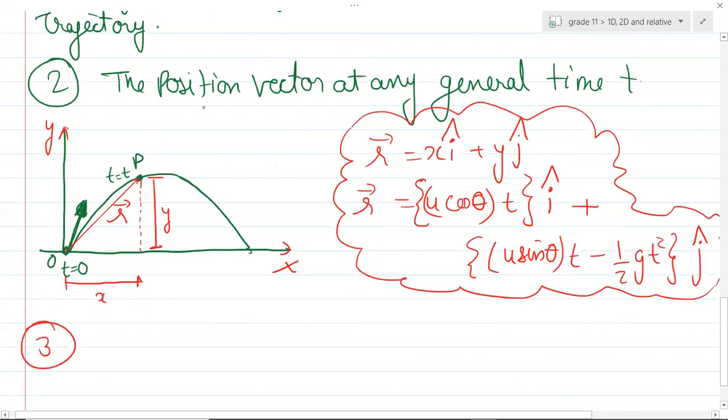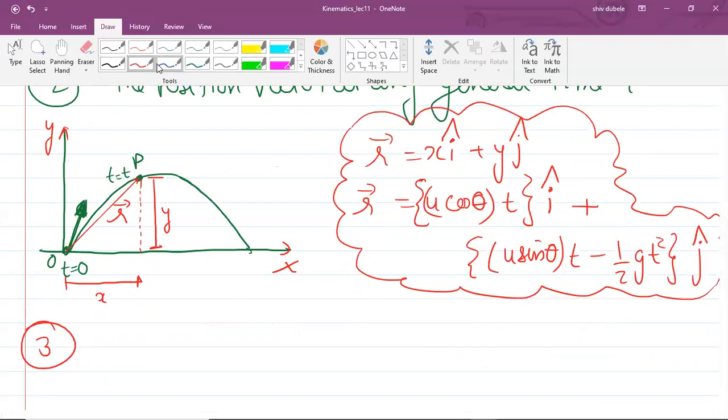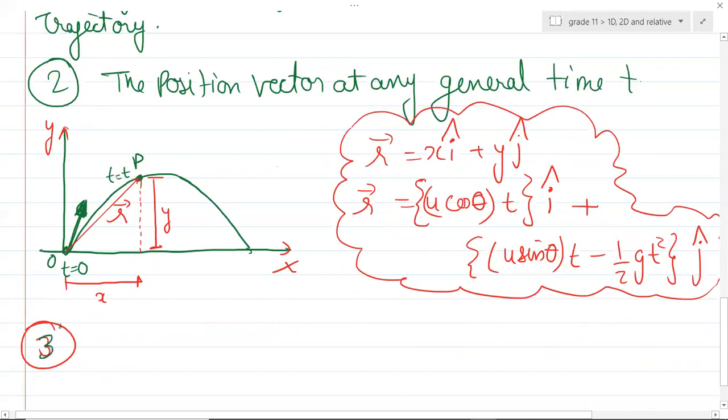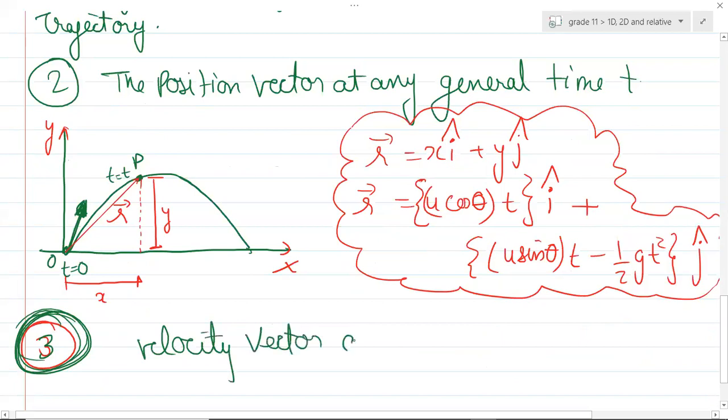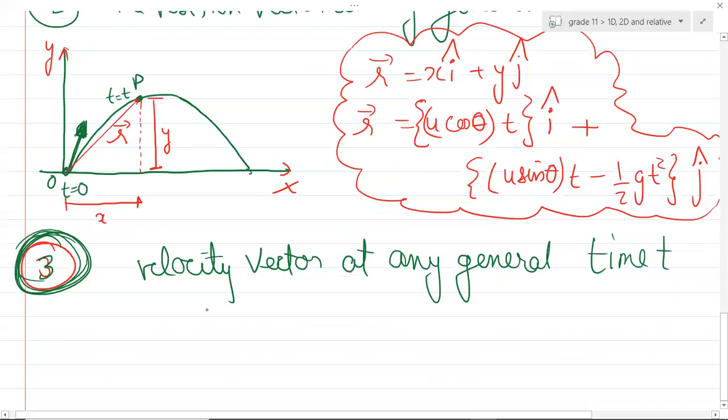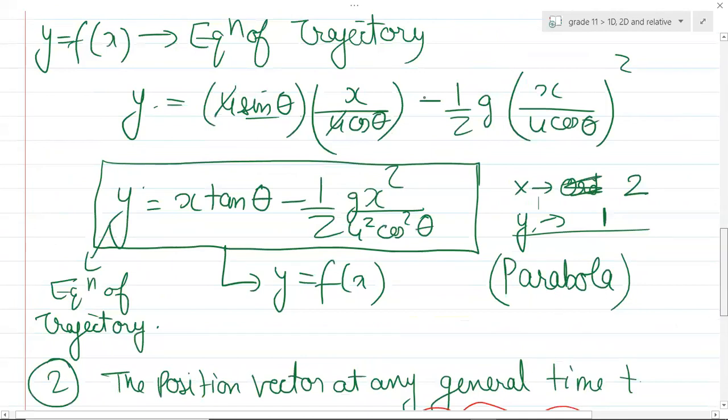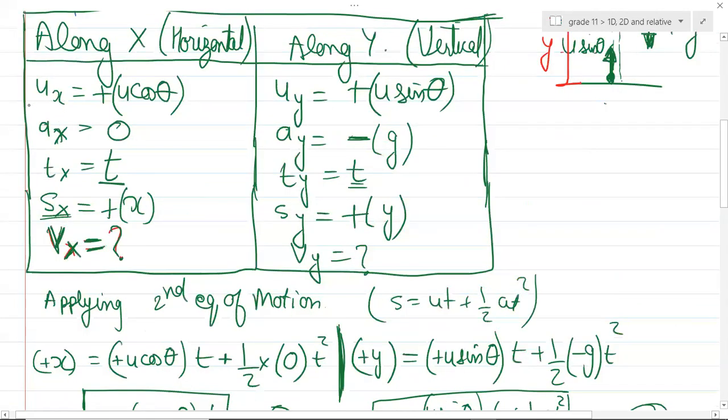Now the third is the velocity vector at any general time. If someone asks you to derive the expression for velocity at any point, how will we do it? When I use the second equation of motion, I give a relation between u, a, t, and s.